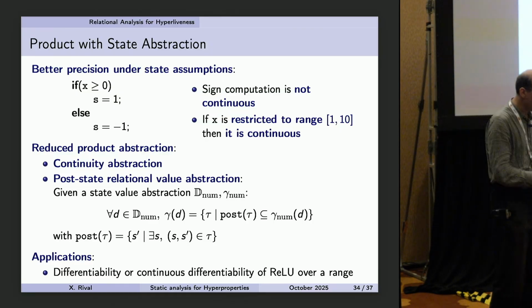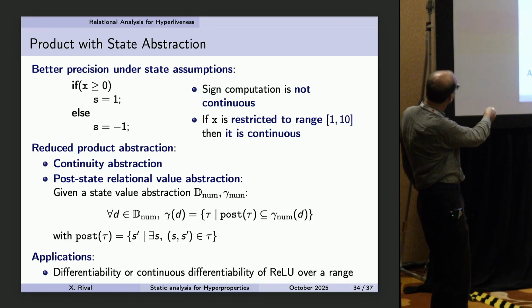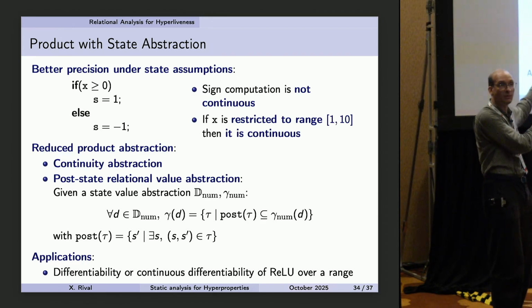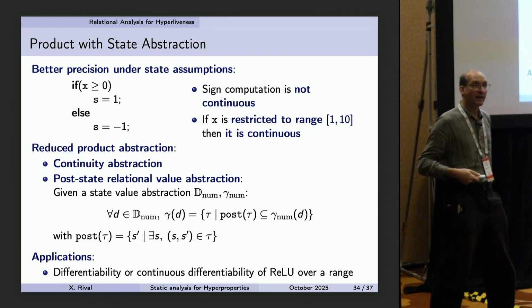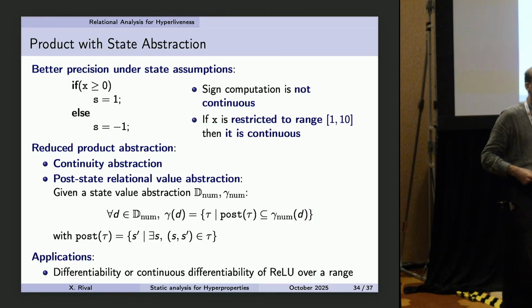And what this lets us do is just take a program like this one. So if this is computing the sine function, if you can prove that x is in some range, because in some context you call this function, x is always positive, then this function will be continuous. Okay? So actually it's a reduced product of two abstractions.